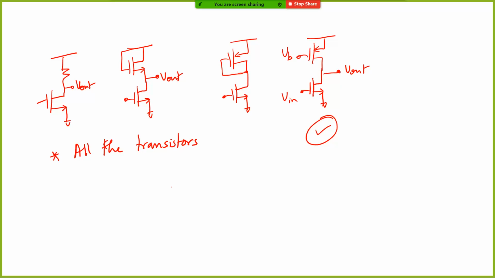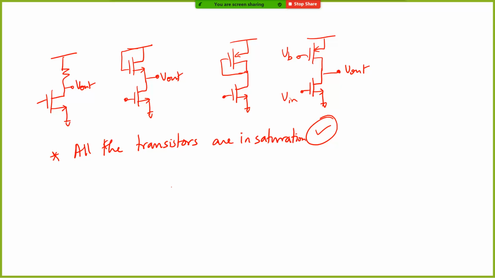The way I am planning is that by the time you start with your project, you would have already designed all these building blocks. So the basics you will already be thorough with, so that you can jump right into your project. That's the idea. Now, all we have seen here is that all the transistors are in saturation.